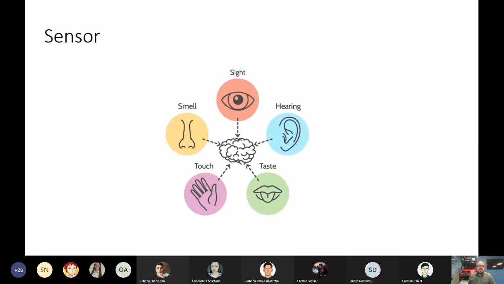First of all, its origin comes from the point of view that a system should sense the environment that is around it. We can make a relation to our sensory organs: we can see, we can smell, we can touch, we can taste, we can hear, and all the information about the environment is sent to our central processor.